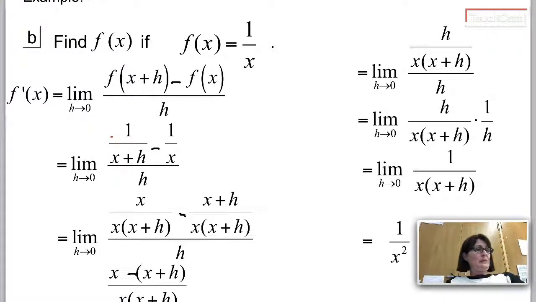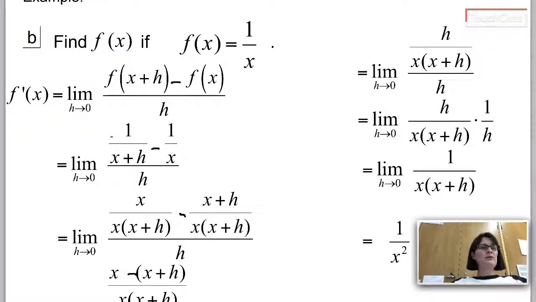I could try to replace h with 0, but I'm going to have a divide by 0 problem. So I'll continue with some of those techniques I learned back in chapter 2. So in this case, I'm going to get a common denominator. My common denominator for numerator and denominator is x times x plus h.